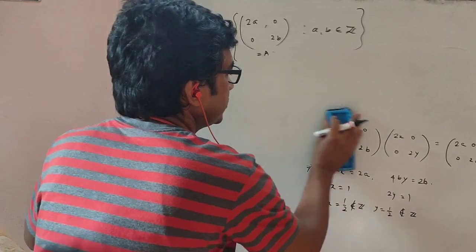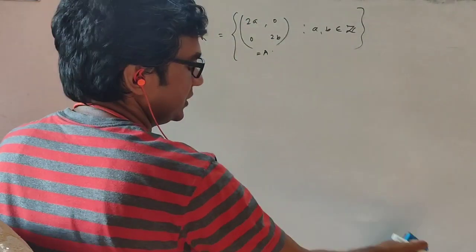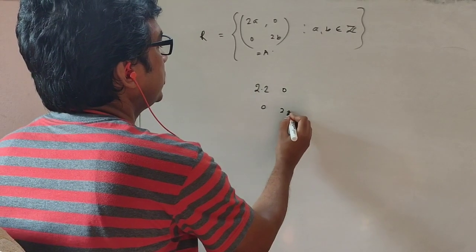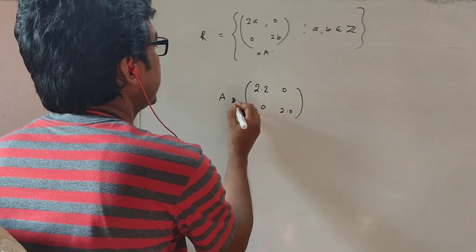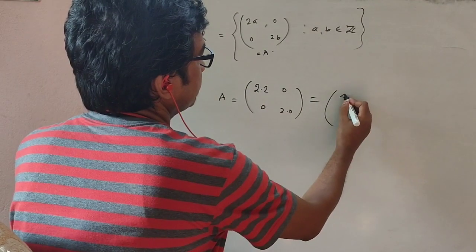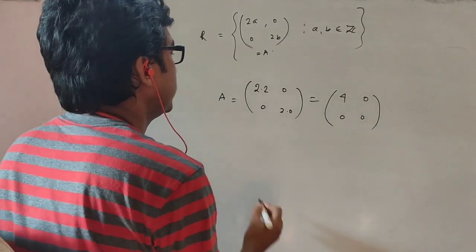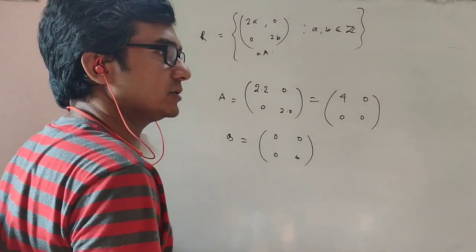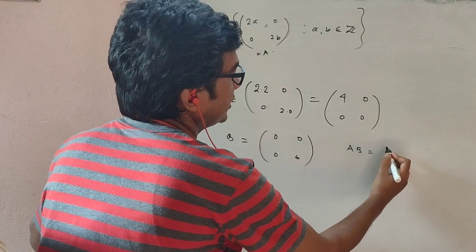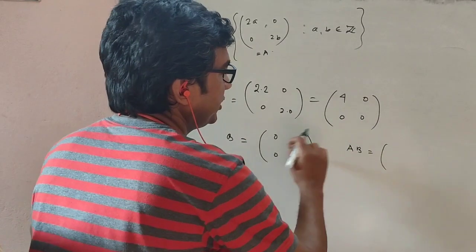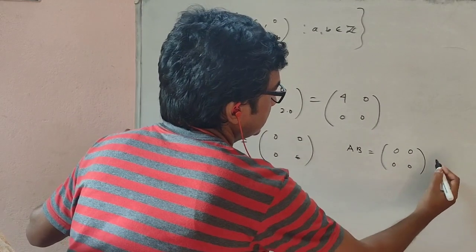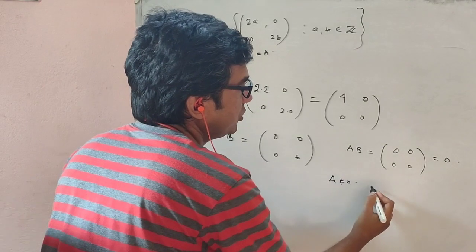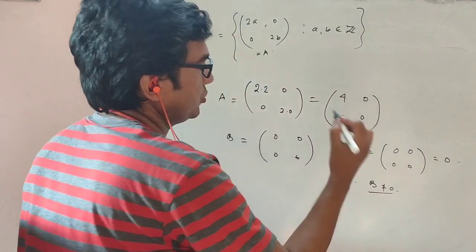So the ring is without unity. Now if we consider two elements like A equal to 4, 0, 0, 0, and B equal to 0, 0, 0, 6, then multiplying A and B we get 0, 0, 0, 0, that is the 0 matrix. But here A is not equal to 0 and B is also not equal to 0.